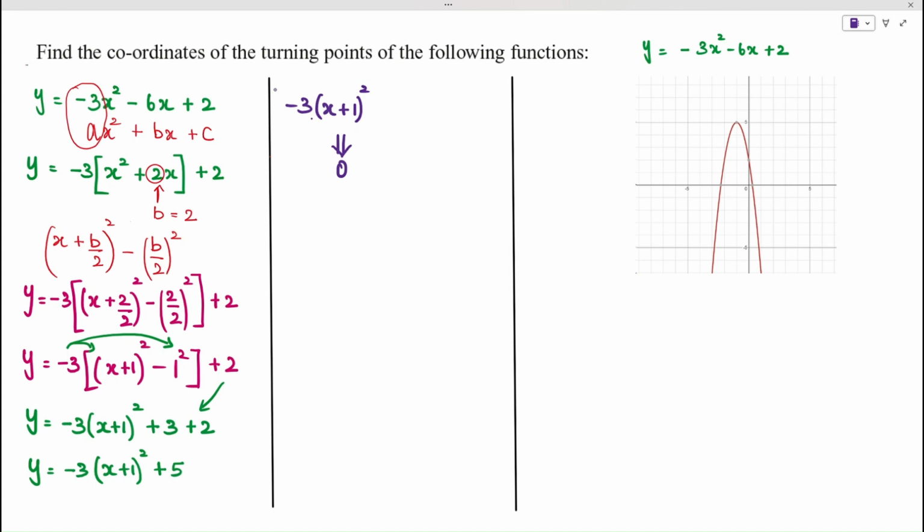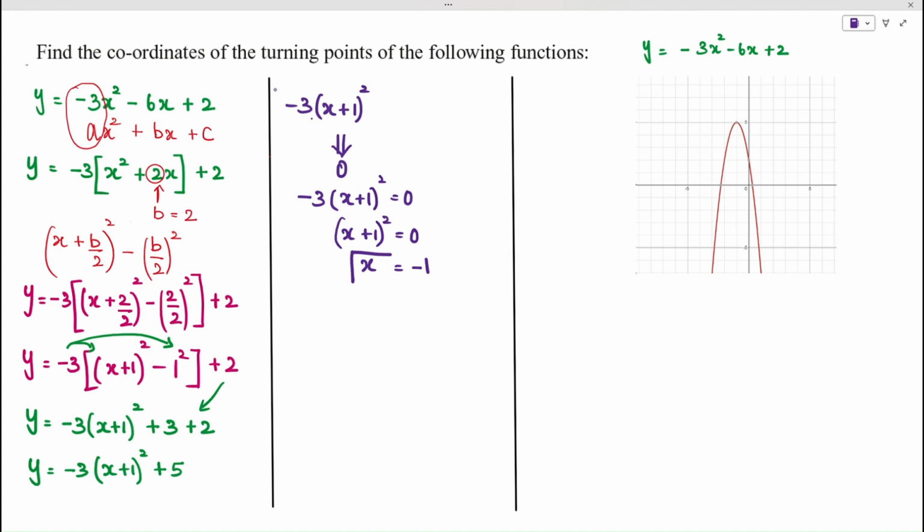And so we can now write minus 3 times x plus 1 the whole squared is equal to 0, and we can start to rearrange to get to x. So we get x plus 1 the whole squared is equal to 0. I square root both sides, we get x is equal to minus 1.